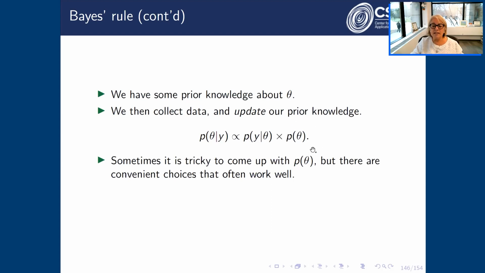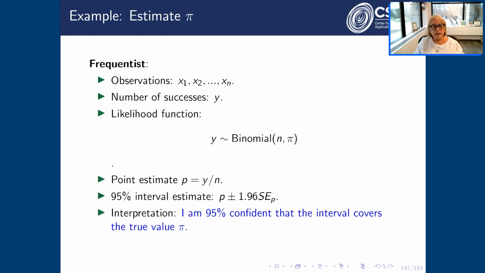And those mathematically convenient options oftentimes work fine. So we're going to see one such convenient option in the next couple of slides. So let's do an example to land all this.